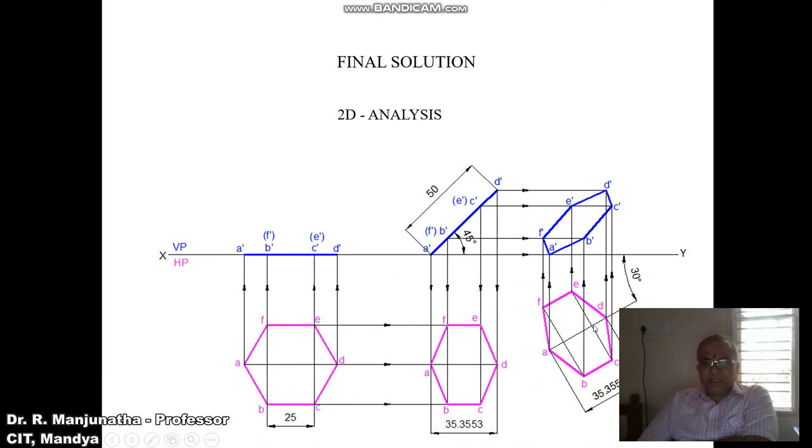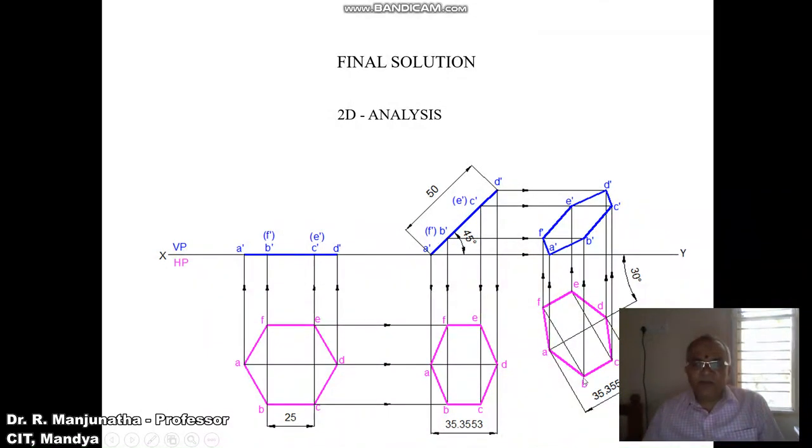Similarly, with this as center, with respect to the AD line, measure an angle of 90 degrees and draw an inclined line perpendicular to this AD line. So the distance from this point to B and this point to F will be the same, and similarly from this point to C and from this point to E, which will also have the same distances. That means all the four sides are going to have the same distances.